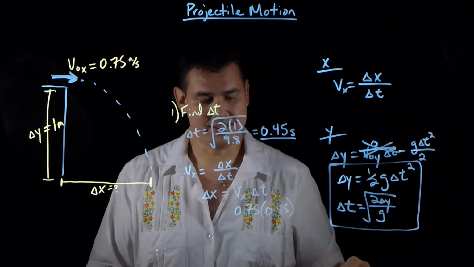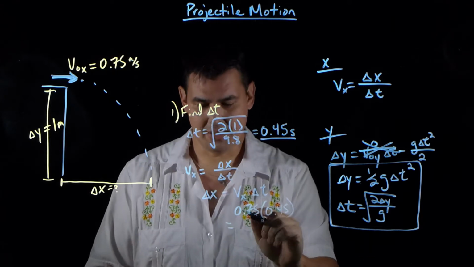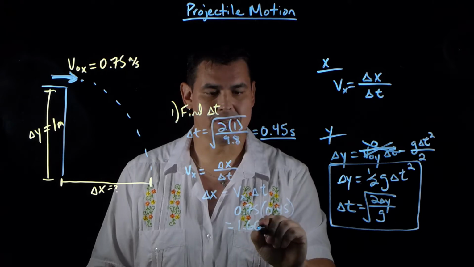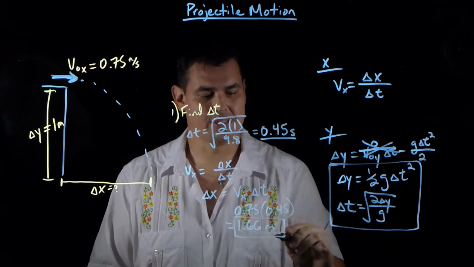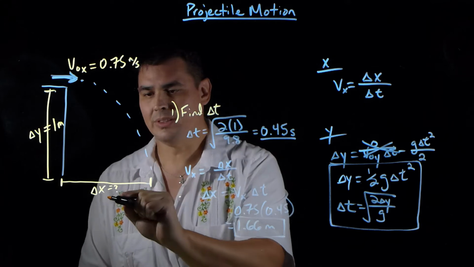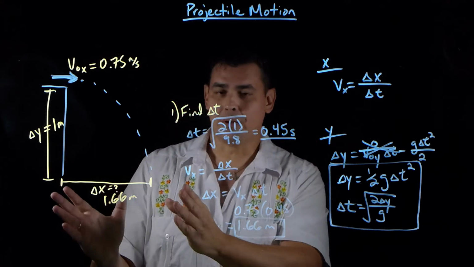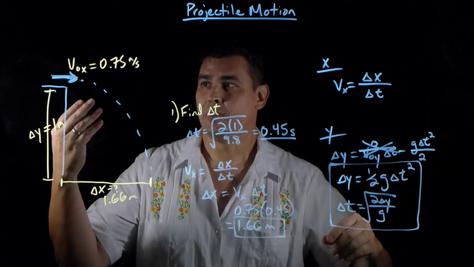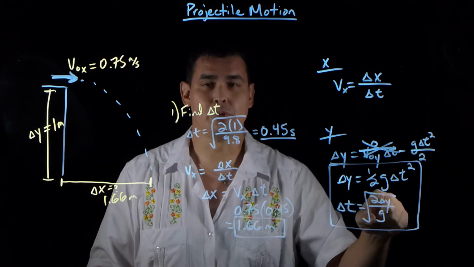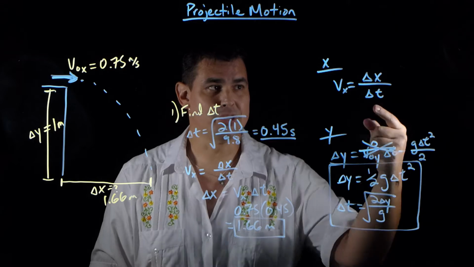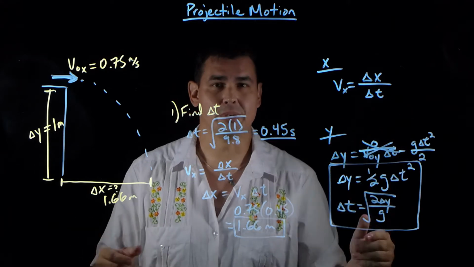So that means that delta x is going to be 1.66 meters. So this thing, rolled off the edge of the table, has a delta x of 1.66 meters. Horizontal problems are really straightforward. There's no y velocity. As long as you remember, first find the time, here are your two equations, and in the x equation, there's no acceleration.